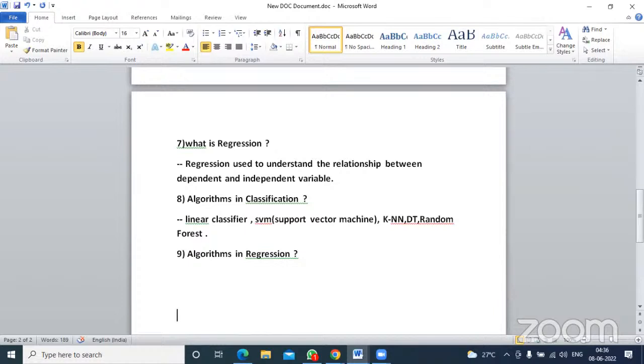Linear, lasso, ridge, yeah. Logistic also.